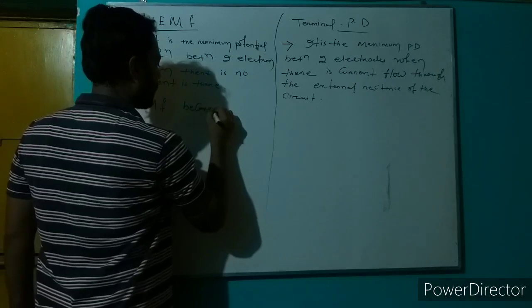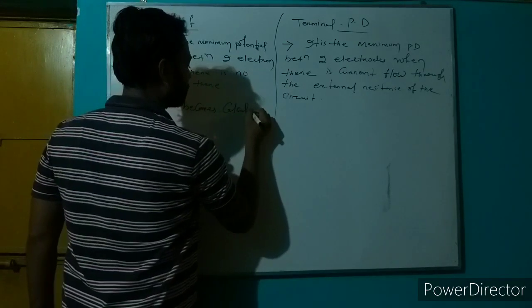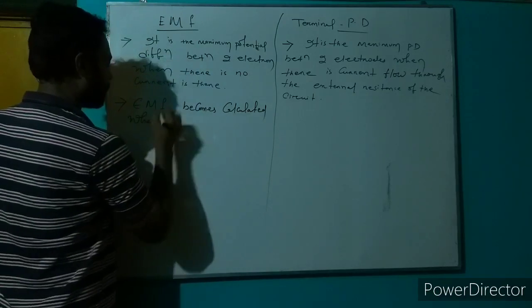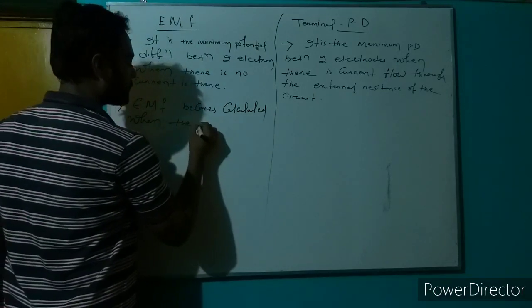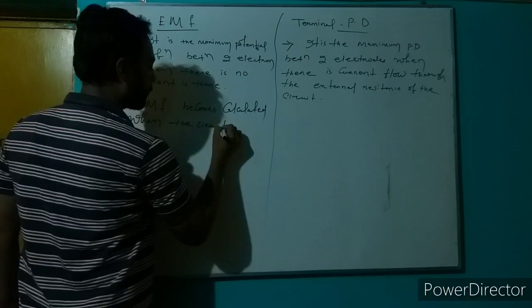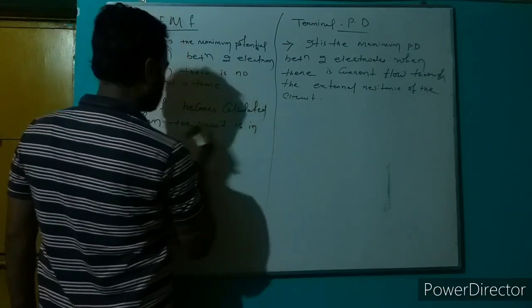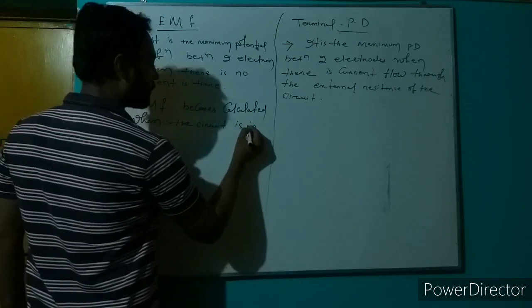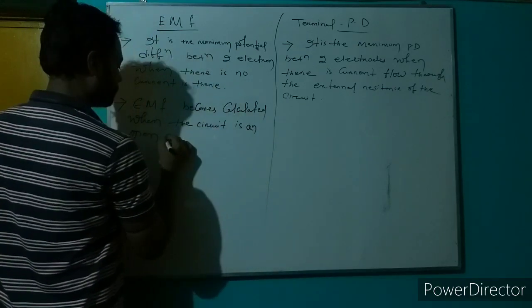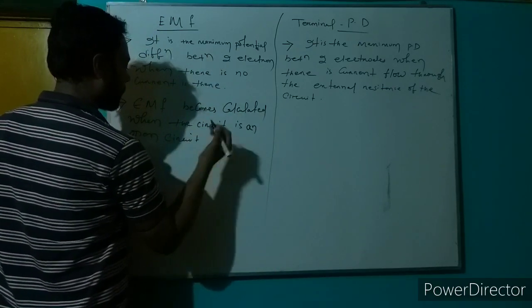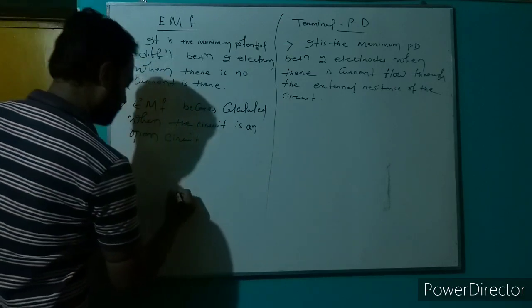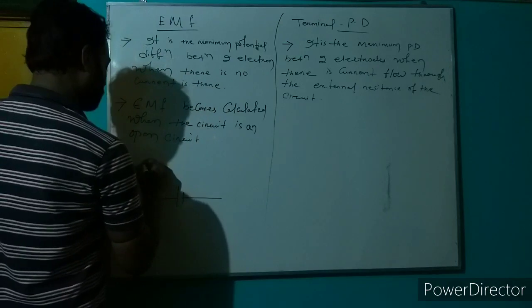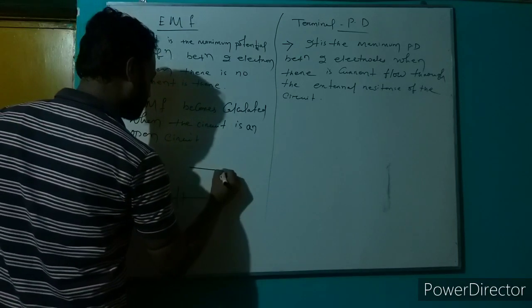EMF becomes calculated when the circuit is an open circuit. Like that, this is the battery. So this is the open circuit.